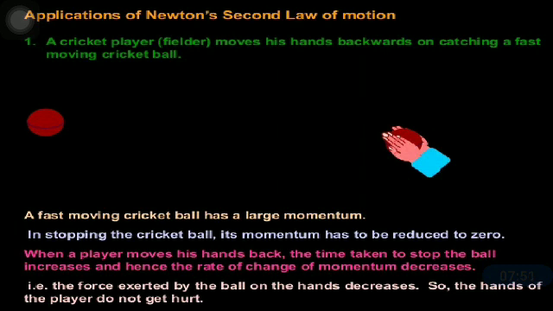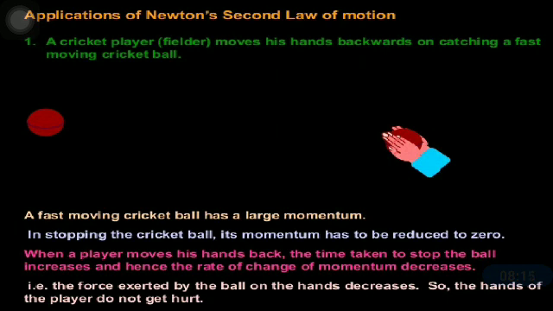Now let us talk about the applications of Newton's second law of motion. First, a cricket player or fielder moves his hands backwards on catching a fast moving cricket ball. Why? A fast moving cricket ball has large momentum because it has greater velocity. In stopping the cricket ball, its momentum has to be reduced to zero, right?